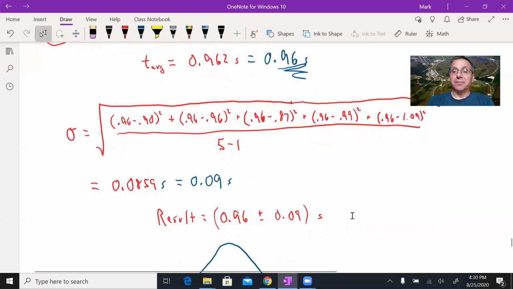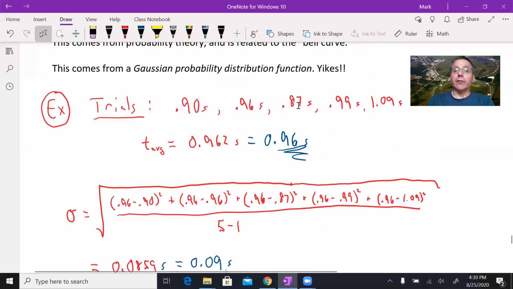Why do we do this? What does this mean? So this formula pops out a number. So what? Well, the importance of the standard deviation is that it's the plus or minus of your average time. This gives a way to quantify the spread of your data, of your measurements.